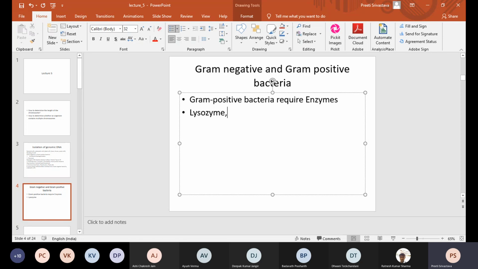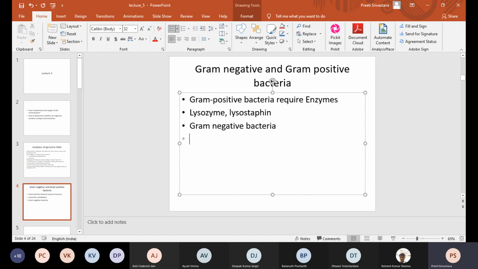We use lysozyme, or we also use lysostaphin. Lysozyme is used mostly for gram-positive bacteria like actinobacteria, but lysostaphin is used particularly for Streptomyces. For gram-negative bacteria, we do not require any kind of enzymatic treatment. So for gram-negative bacteria, what we can do is simply go for freeze.